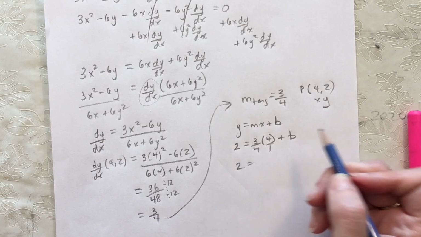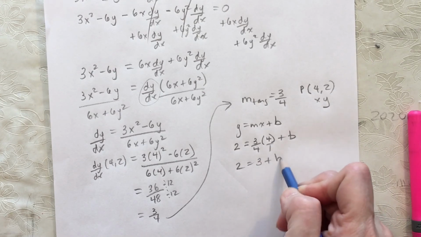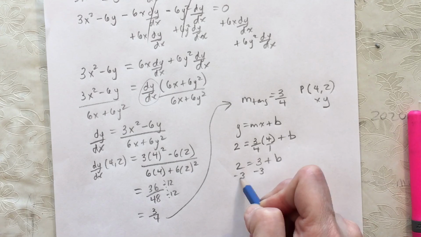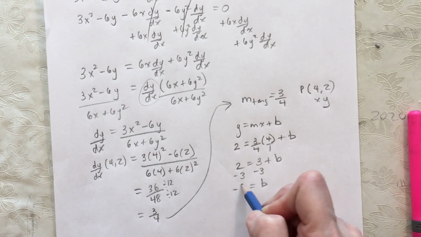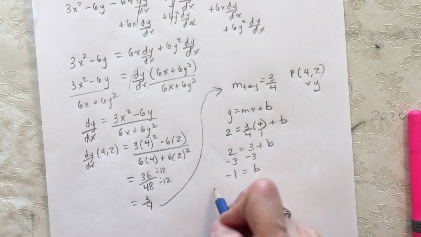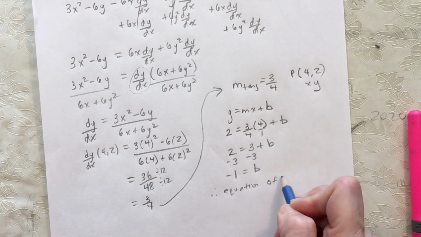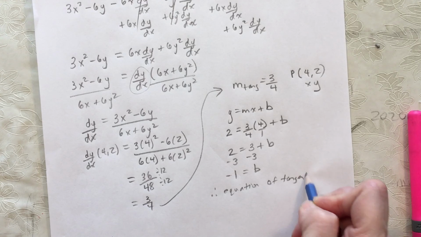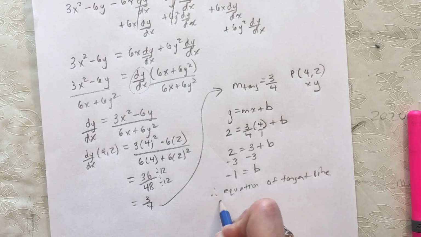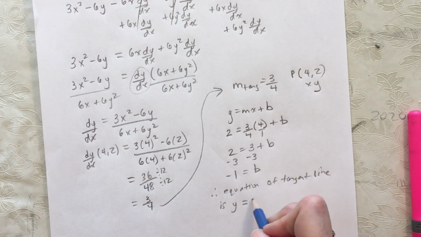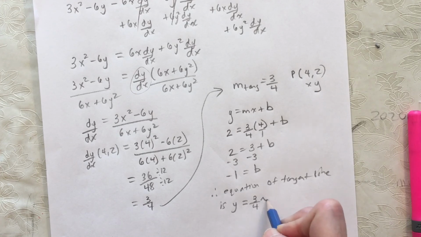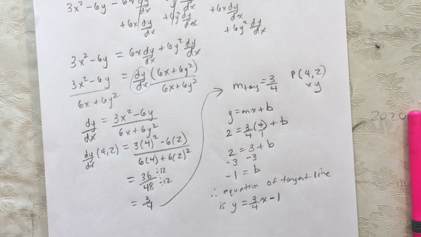So that's going to give me 3 and a b of negative 1. So therefore, equation of tangent line is y equals 3/4 x minus 1.